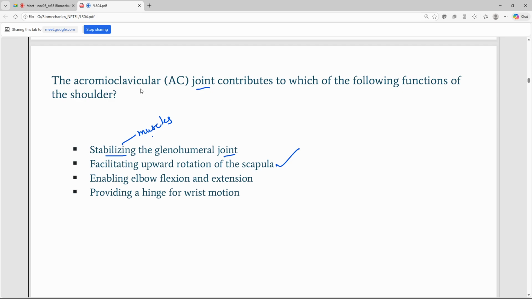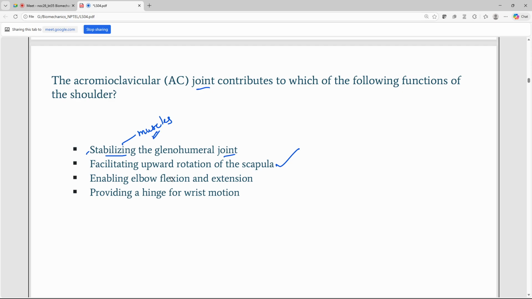The question is about the function done by the acromioclavicular joint. Even though these are nearby joints, stabilization of the glenohumeral joint is done by muscles. The function of a joint is movement; stabilization is a function of muscles and tendons, the supporting structures.